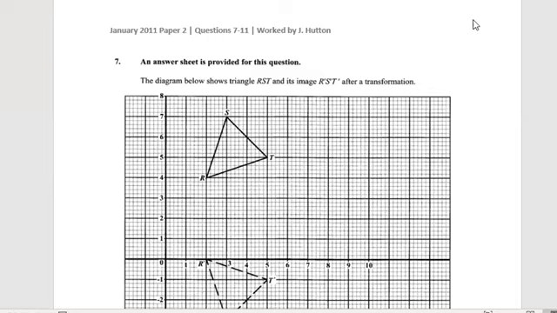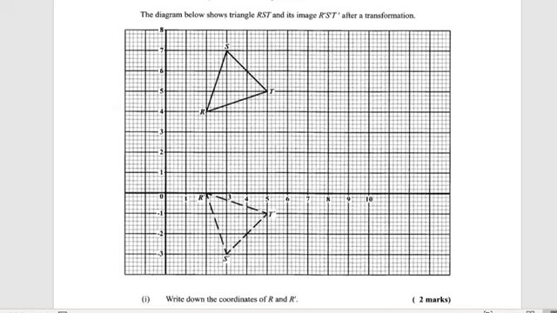So question 7 starts by saying the diagram below shows the triangle RST and its image R prime, S prime, and T prime after a transformation had taken place. Observing these two triangles, we can see R from R prime is 1, 2, 3, 4 centimeters away, which is a lateral inversion.